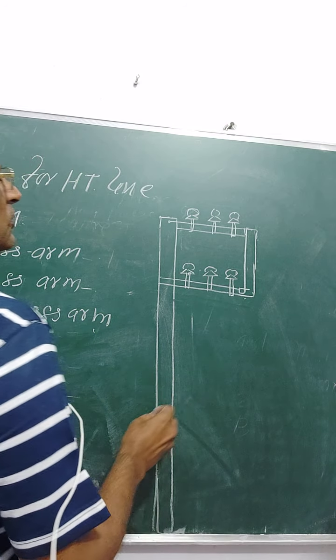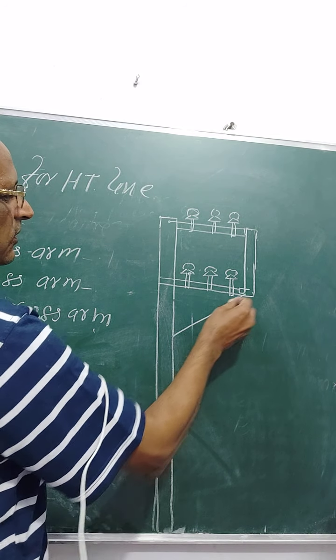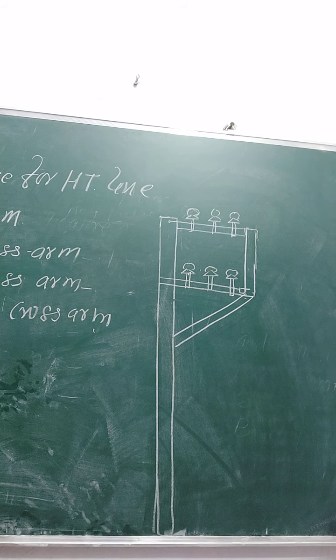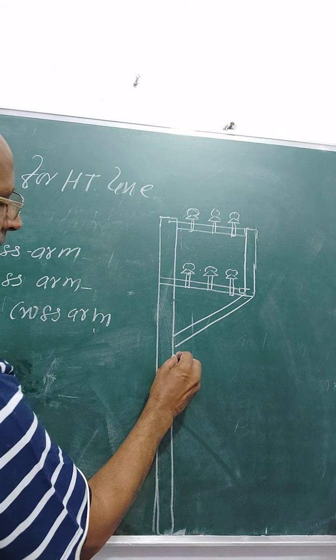This is circuit number 2, and this is for support of the cross arm, that is called bracing. So this is a cross arm for double circuit used on RH joist.